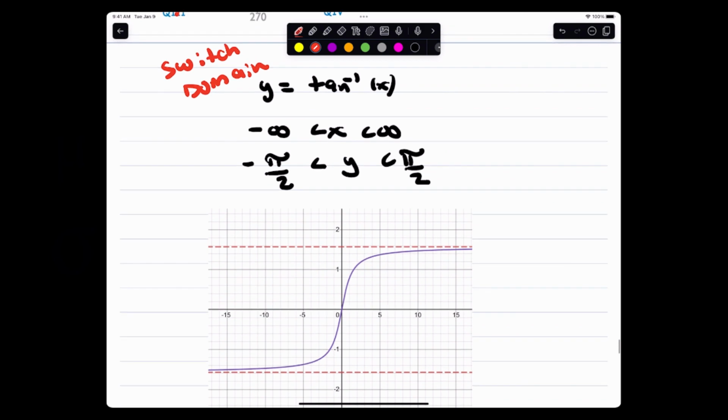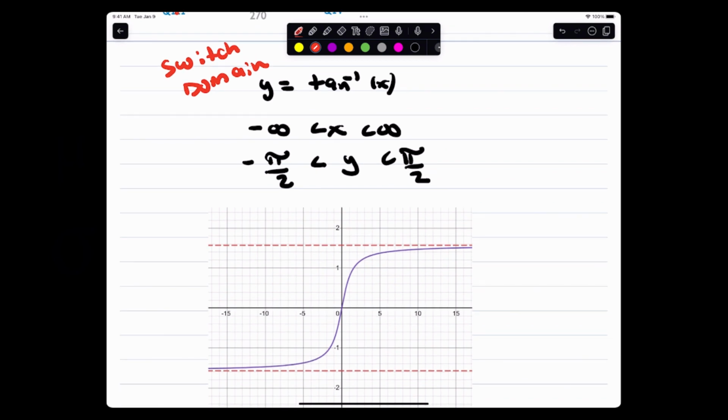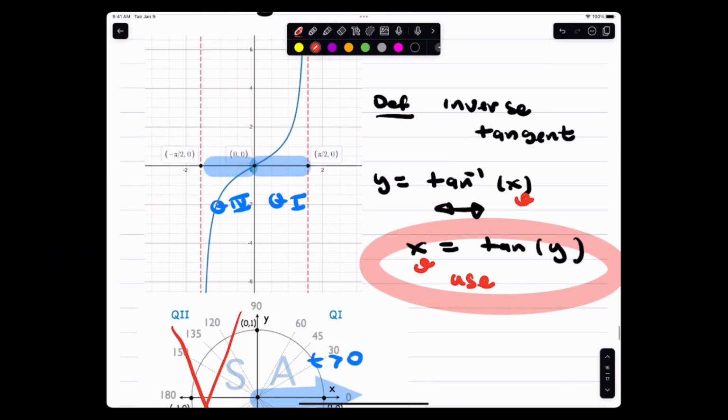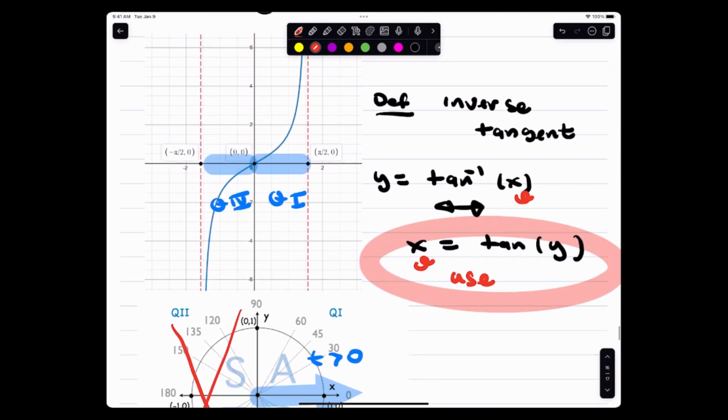It's a function in and of itself. That's your inverse tangent curve. That's when you switch every x and y value. You switch the domain and range, okay? And so that gives us, this is where the definition comes from for inverse tangent. Right, that's the whole idea.